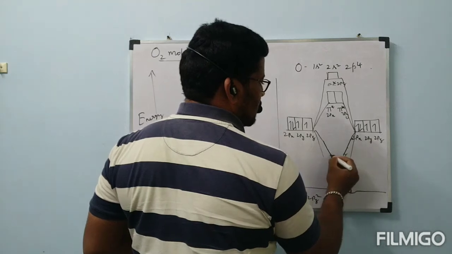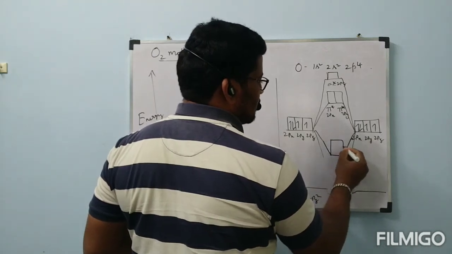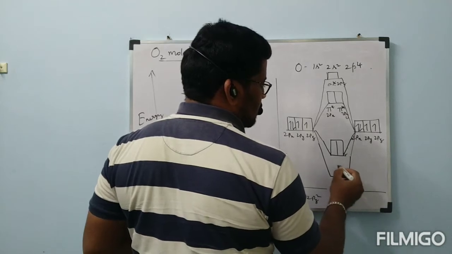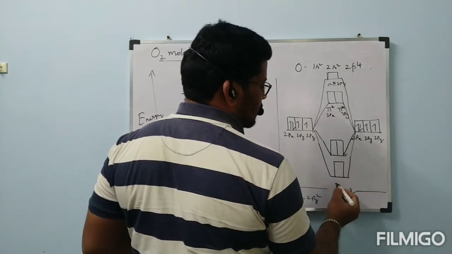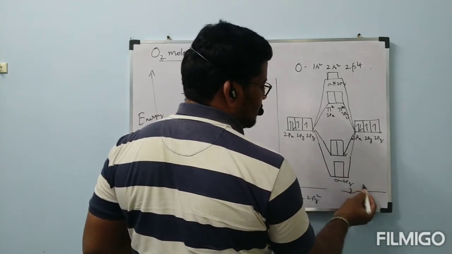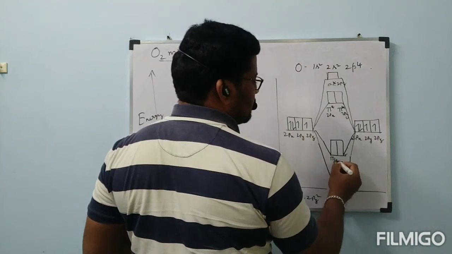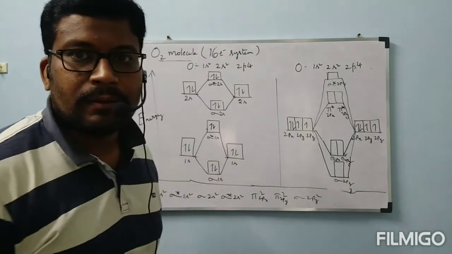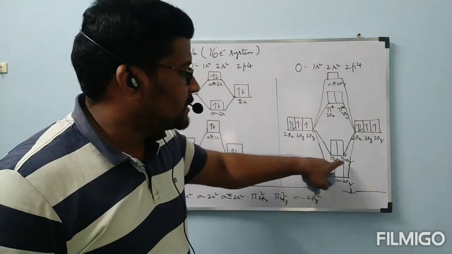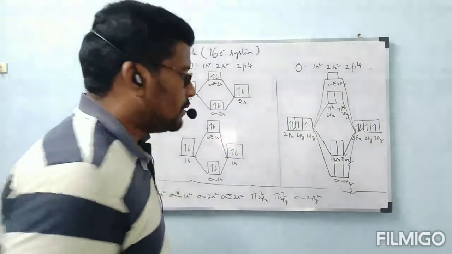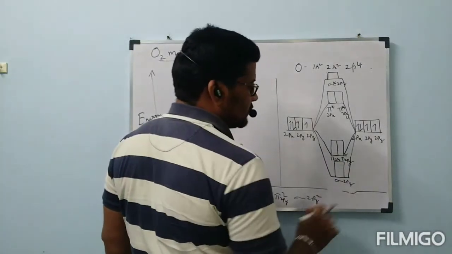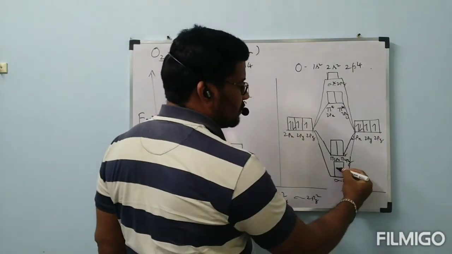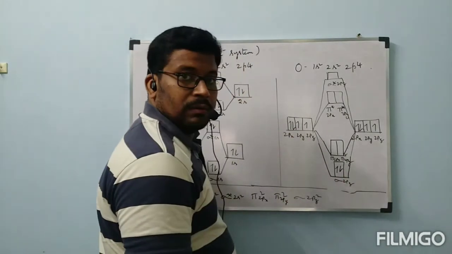Then we have 2 orbitals here and here we have 1 orbital. This is sigma 2pz, this is pi 2px, pi 2py. This is pi star 2px, this is pi star 2py. Total number of electrons present, 4 plus 4, 8 electrons. 1, 2.